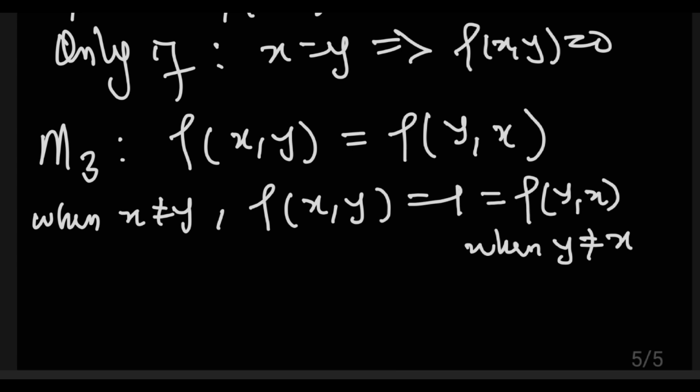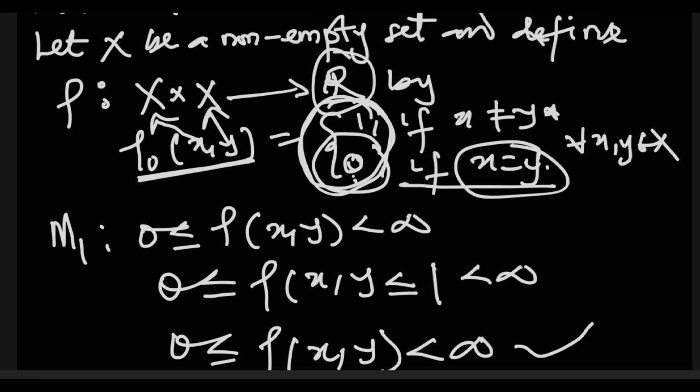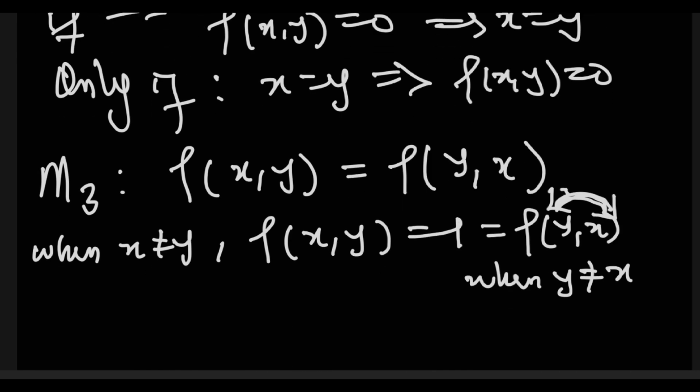You can interchange them: in rho xy, change it to yx, and anywhere you see x you also change it to y. So when y is not equal to x, you still have 1.